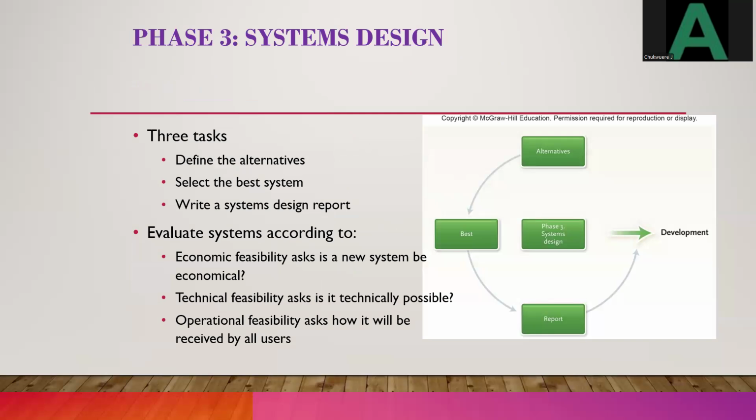The third one, on the system design, has three phases of tasks you need to perform. Define the alternative. Now, remember in the previous one, there was a proposed alternative. Let's say, let's buy a new system. Remember, it's an existing system. Instead of fixing it, let's buy.